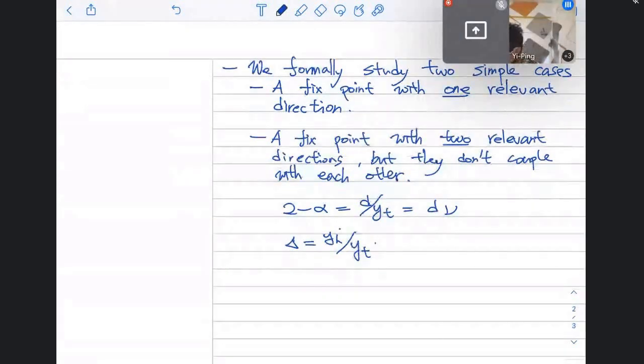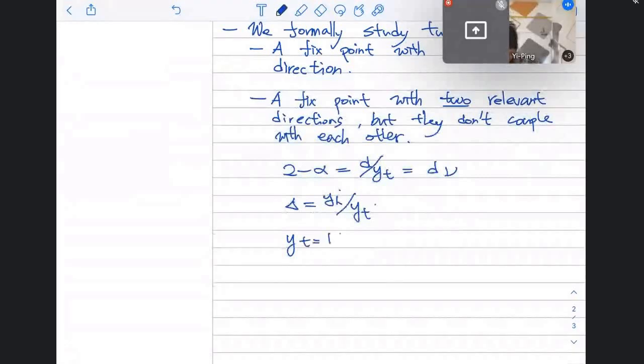And we basically make a connection. I think during the last week, we have derived that YT is basically 1 over mu. So knowing the behavior of YT, you know the critical exponent that you should observe in the experiment.